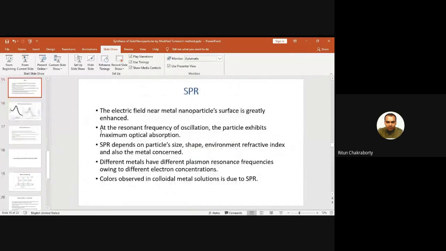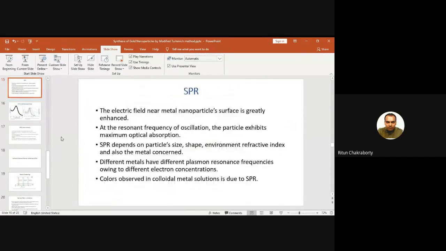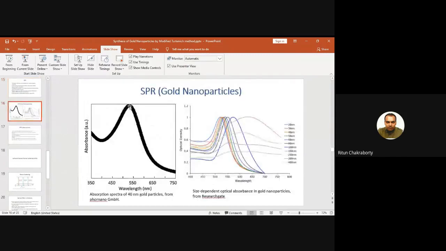We have learned one particular line here: at a resonant frequency of oscillation, the particle exhibits maximum optical absorption. That is what we are going to see here. These are 40 nanometer gold nanoparticles, which I have taken from a particular website. The resonant frequency of oscillation here is around 520 to 530, this particular peak.